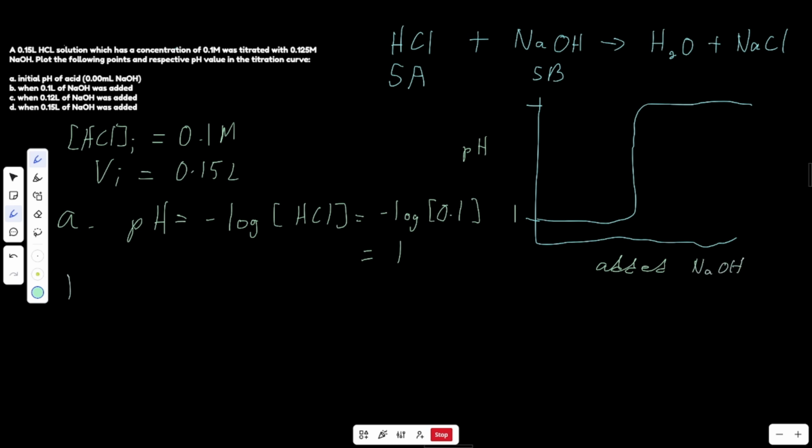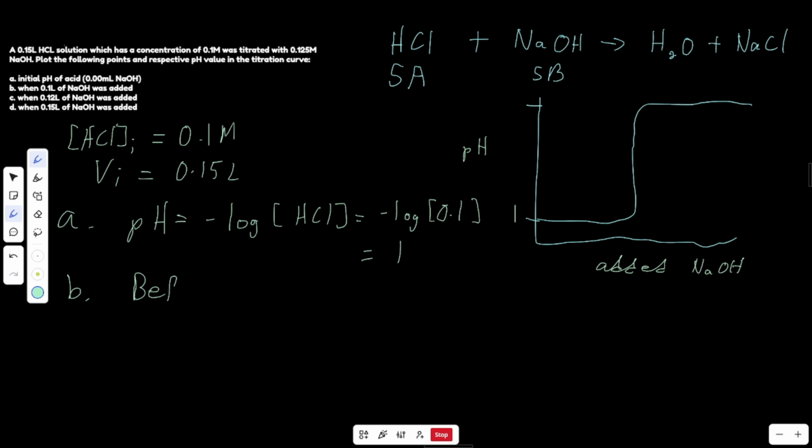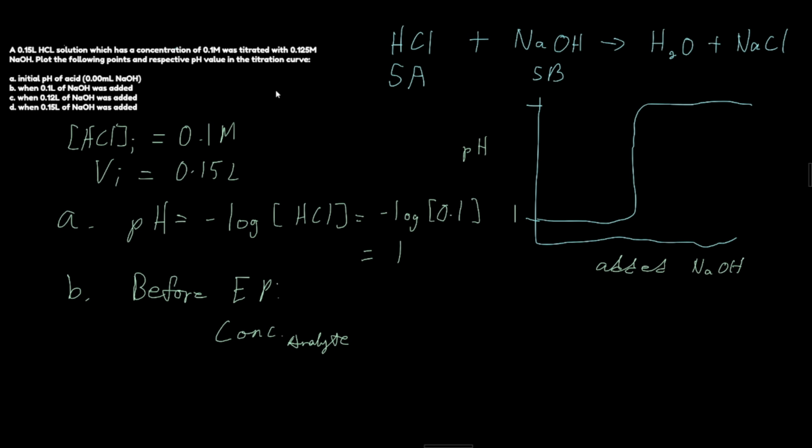Now for number 2, our new formula is going to look like this. Before the equivalence point, we want to get the concentration of our analyte, right? The analyte is what we're trying to analyze, not the one that we're dripping in, right?